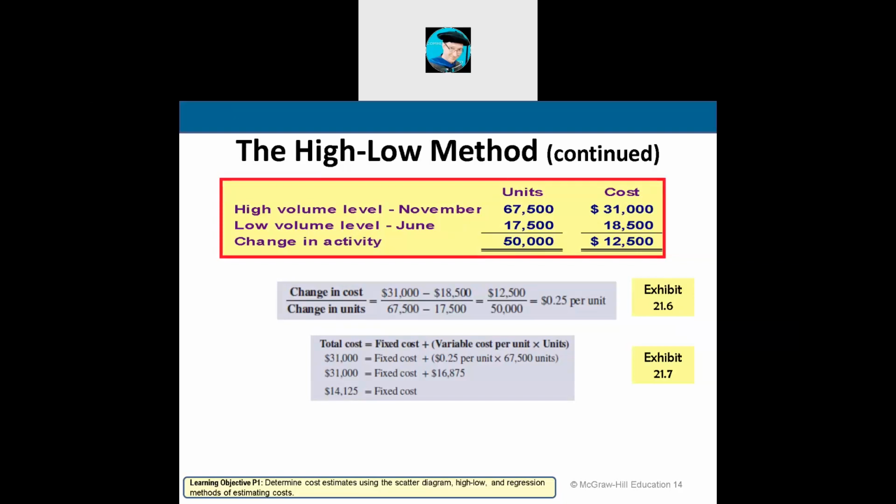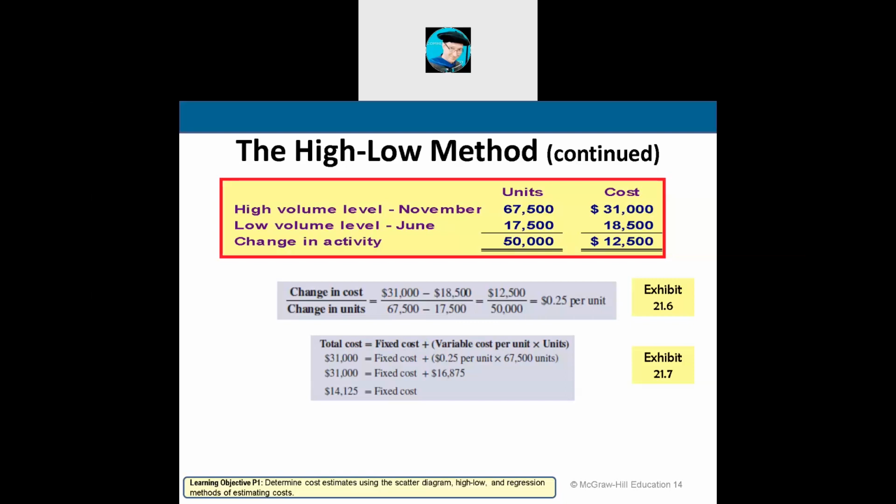The change means the difference. There's a change in cost and there's a change in total units. High minus low. That's the change in activity. The change in units is 50,000. The change in cost is 12,500. High minus low. High-low method.